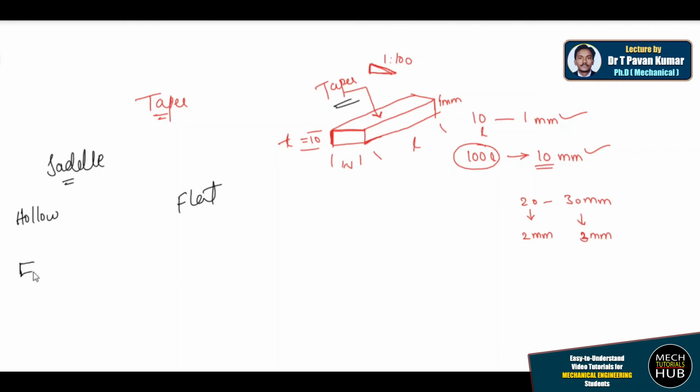Bottom, there will be a concave shape. Bottom is not flat, not straight. A length obviously will be there, and the top surface will definitely maintain taper. Try to remember, which is 1:100, meaning for every 100 there should be a reduction of 1.